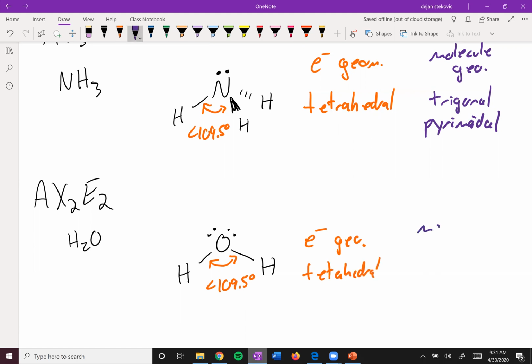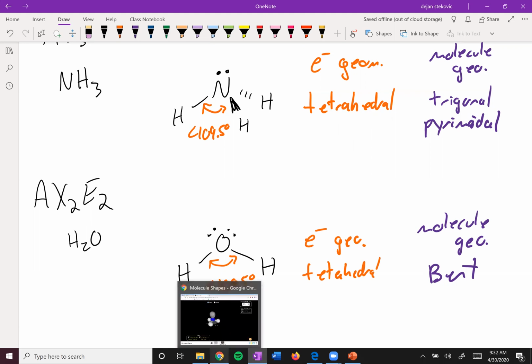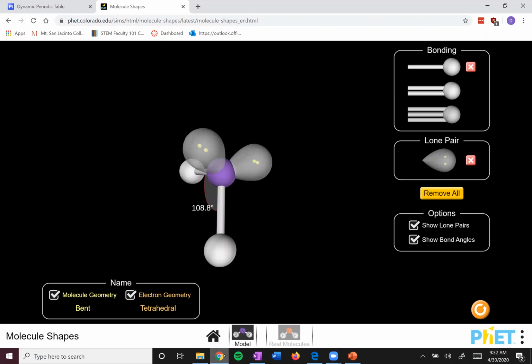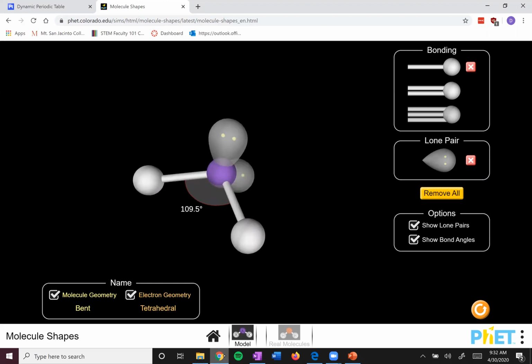Now we call the molecule geometry bent. So same name as the previous bent, but a different bond angle, right? Before, the bond angle was less than 120, now it's less than 109.5. So let's take a look at that. Take a look at our model, get rid of one of these bonds, and then add a lone pair. So you see it still has that tetrahedral shape.